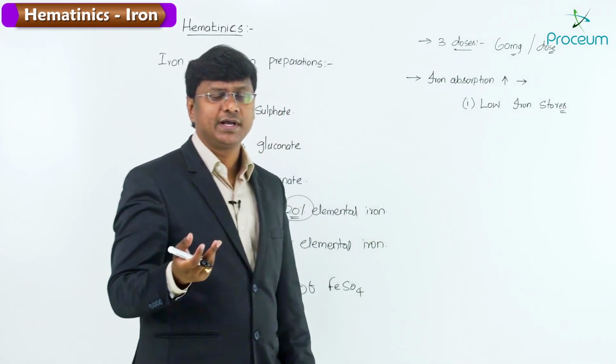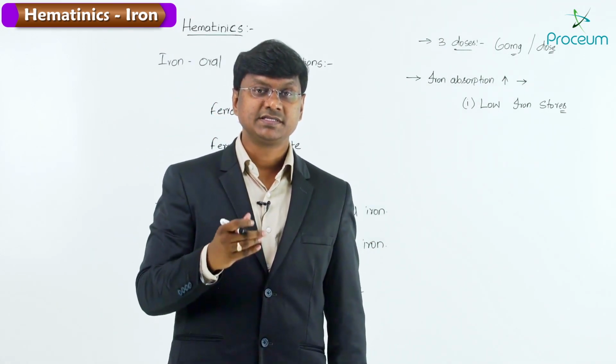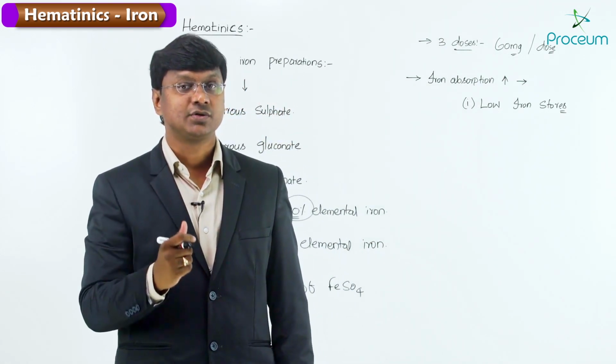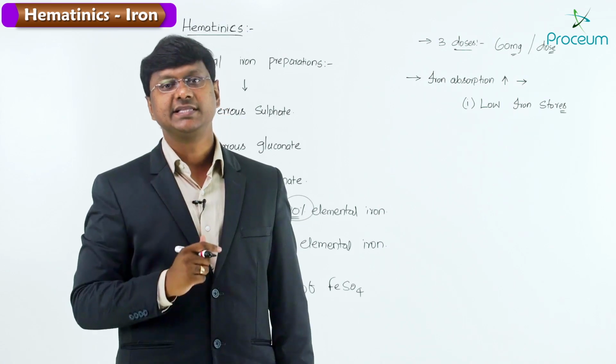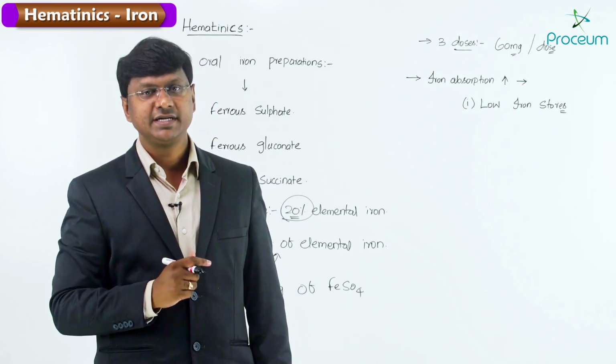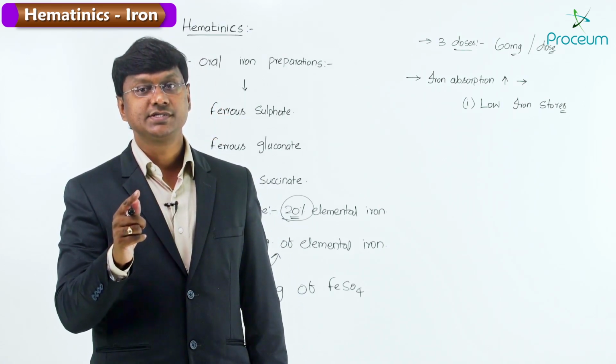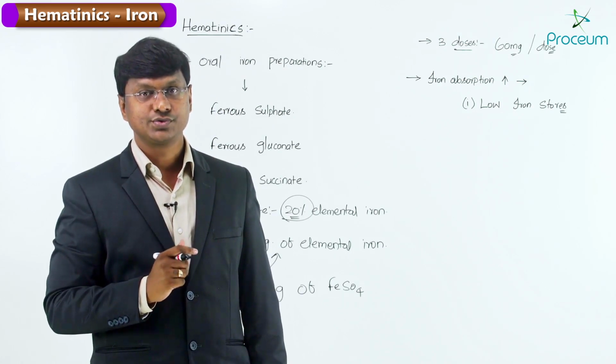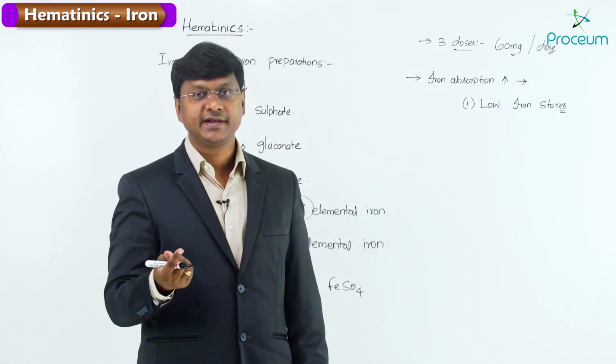So when there are low iron stores, the compensatory mechanism is that the iron absorption increases across the duodenum in order to meet the demand. So iron absorption increases in response to low iron stores or increased iron requirements.